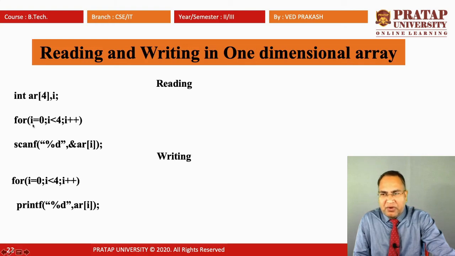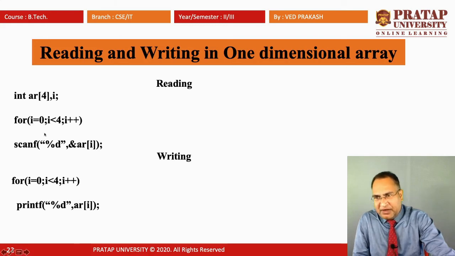In the reading syntax we use for(I = 0; I < 4; I++), and then we give the input function. Similarly, the writing process is the same as the reading process, but here we have to use the output function.